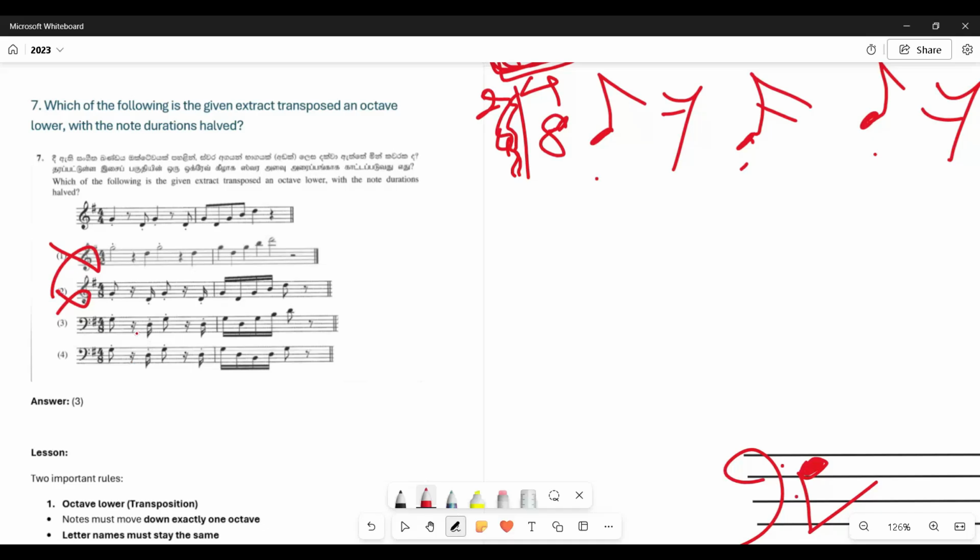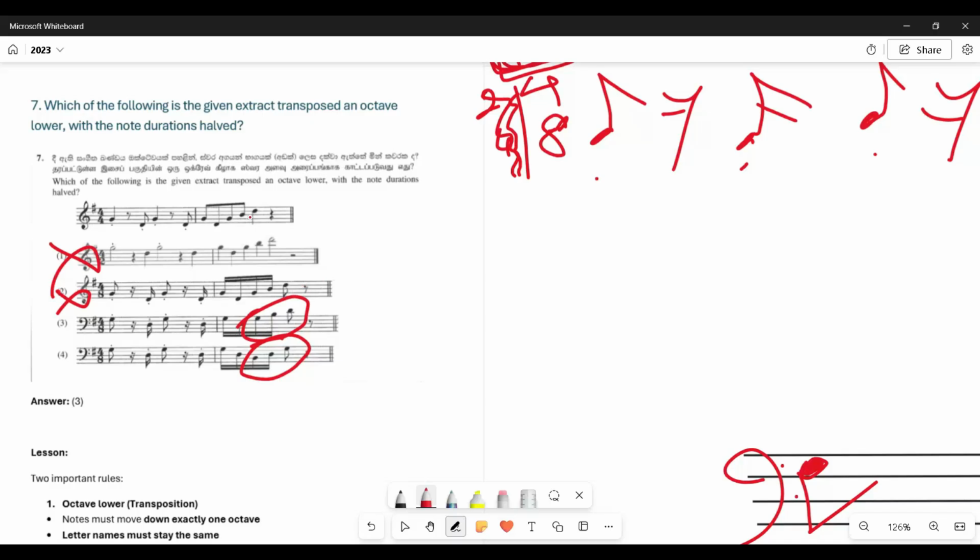So if you look at it closer now, this is the first note in both of them. But there's a difference in here, right? These two notes are different. Three notes are different. So what do you think?